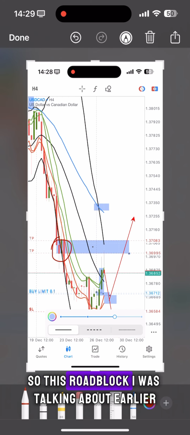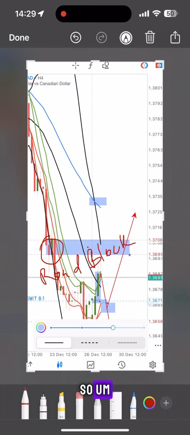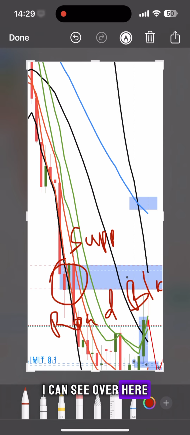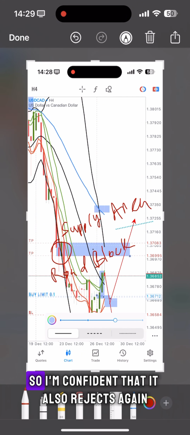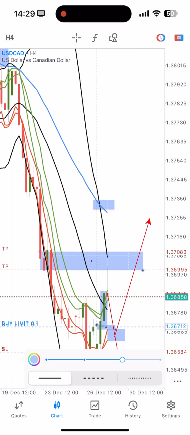So this roadblock I was talking about earlier, this is a roadblock. That's why I'm putting my TP until over here. So market already rejected that zone. I can see over here it rejected once, and this is a supply area. So I'm confident that it also rejects again.